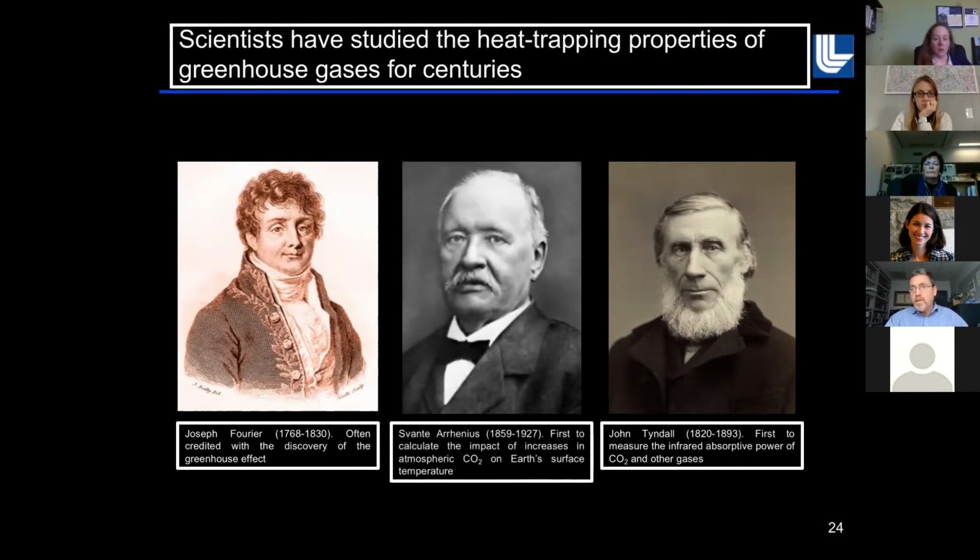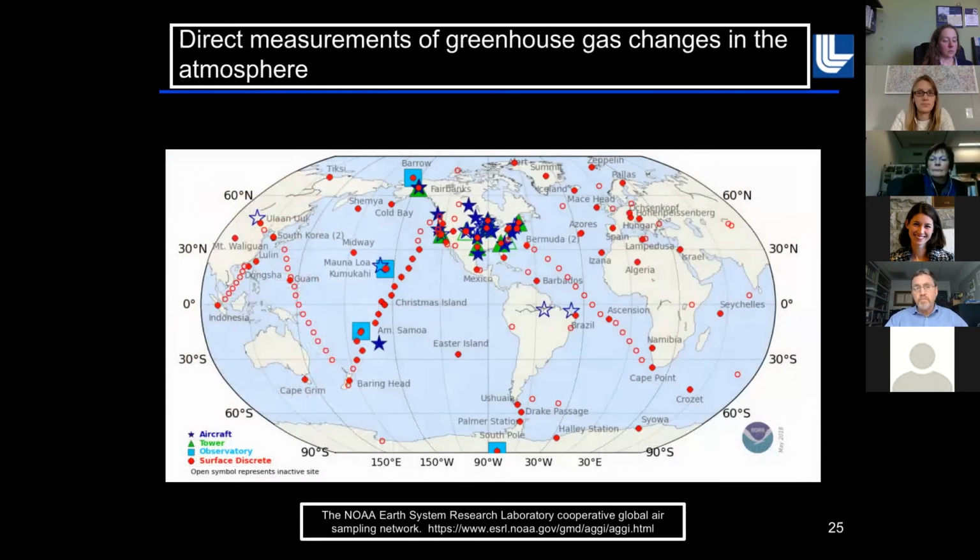And Arrhenius is generally credited as the first person to try and model the impacts of human-caused increases in CO2 from burning fossil fuels on Earth's surface temperature back in the early 1900s. So our understanding of the greenhouse effect isn't something that just goes back a couple of years or a couple of decades. It's rich and it's long-standing.